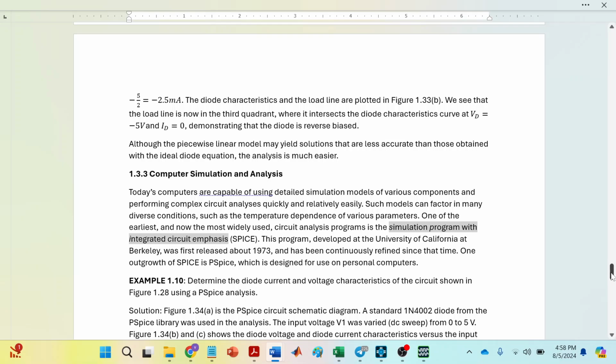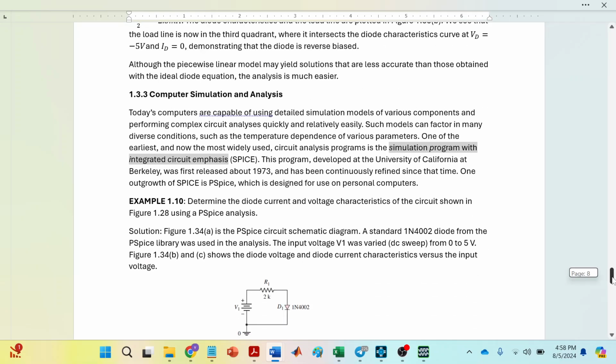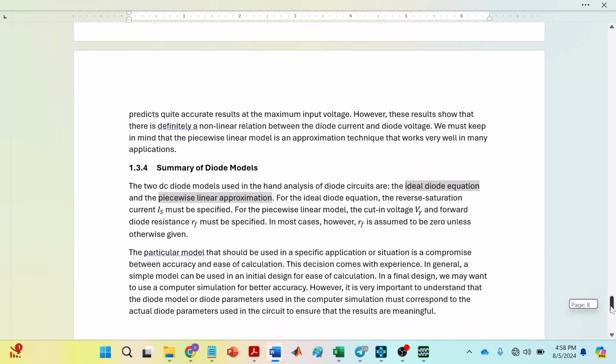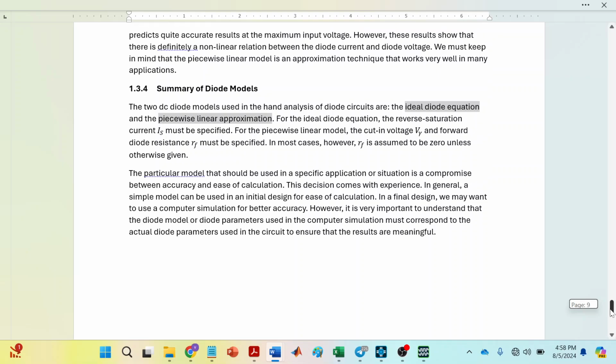These are the different methods that we can use to analyze the DC models of a diode, which we have considered in this particular lecture.